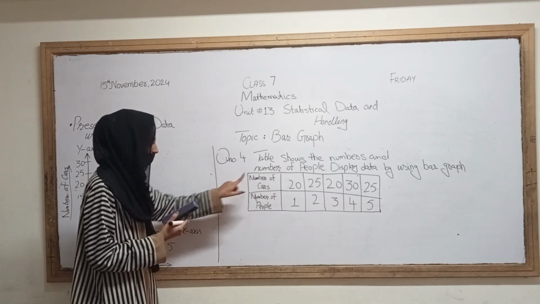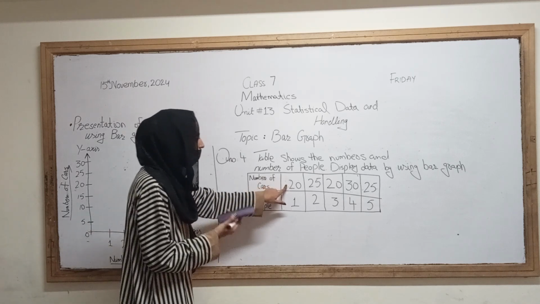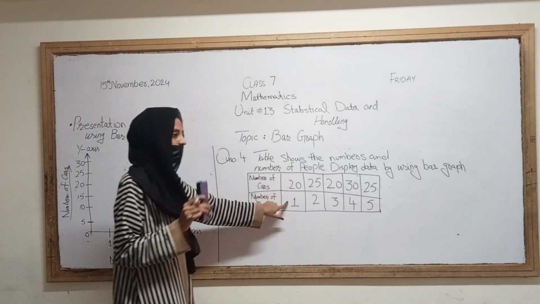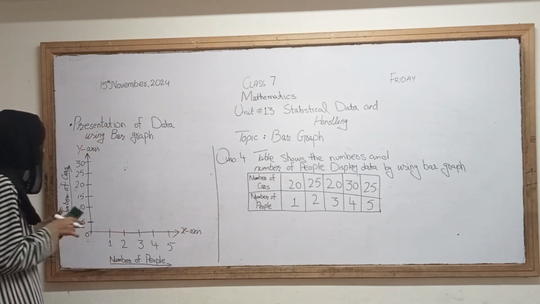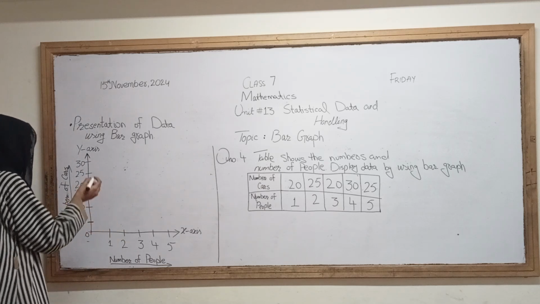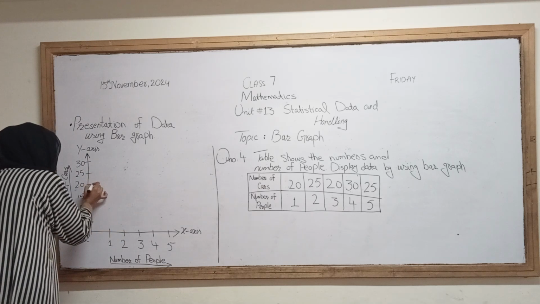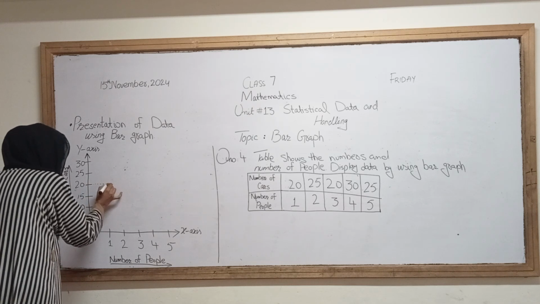How will we do so? First we have to see in how many cars only one person is present in each. In 20 cars, only one person is present.